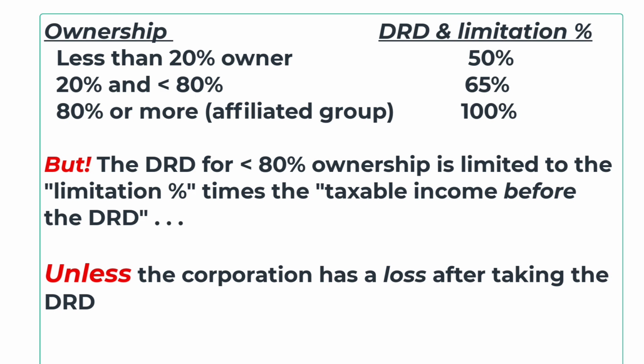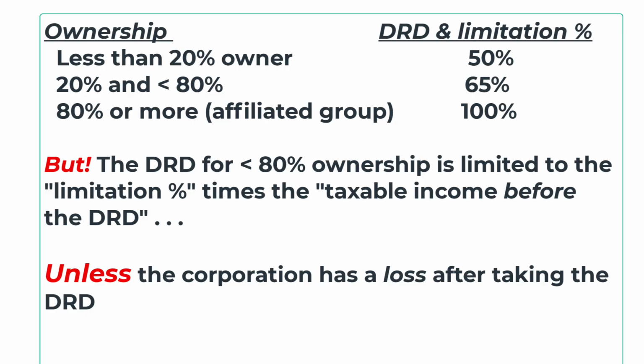For the 50% and 65% levels, the dividends received deduction might be limited. It's limited to the limitation percentage times taxable income before the dividends received deduction. So the lower of the two numbers, the potential or tentative dividends received deduction or the limitation, is the one that actually becomes the dividends received deduction.